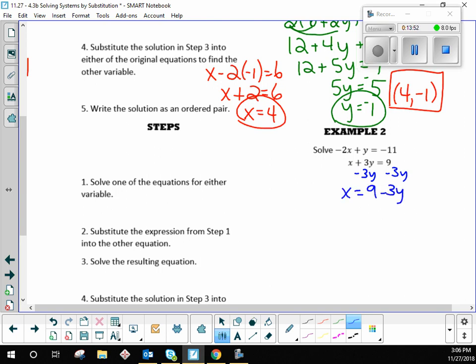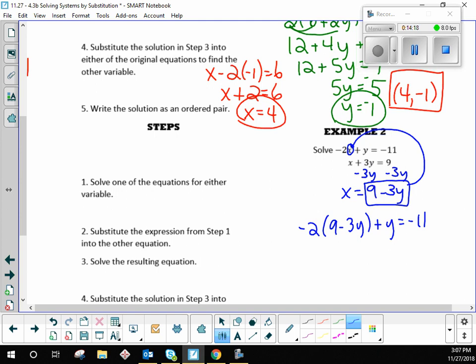So then I take that 9 minus 3y, and I plug it into the other equation for x. So that gives me negative 2, and some of you are not including the negative in front, so be careful about that. It messes up the whole rest of the problem. So it's negative 2 times whatever x is, which is now 9 minus 3y, plus y equals negative 11.